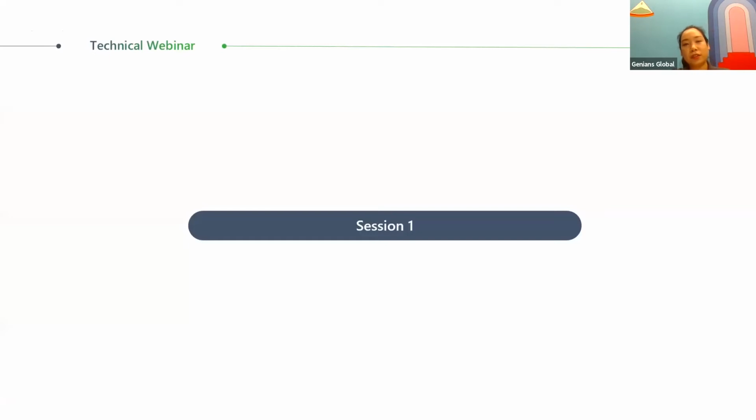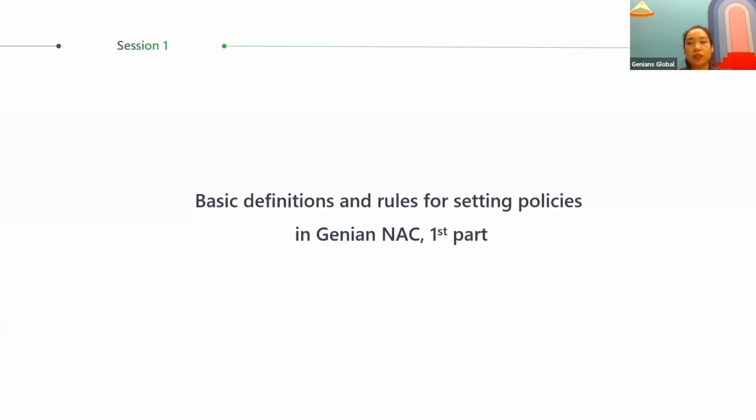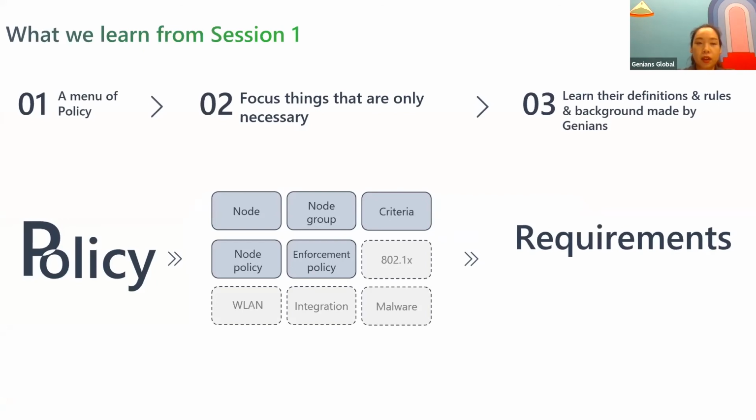Okay, let's start the first session. The first session is titled The Basic Definition and the Rules for Setting Policy in Genian, part one. What we learn in session 1 is the policy menu, and I will only focus on the sub-menus and sub-features in the policy menu.